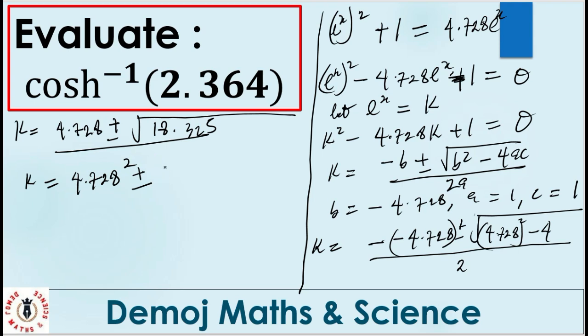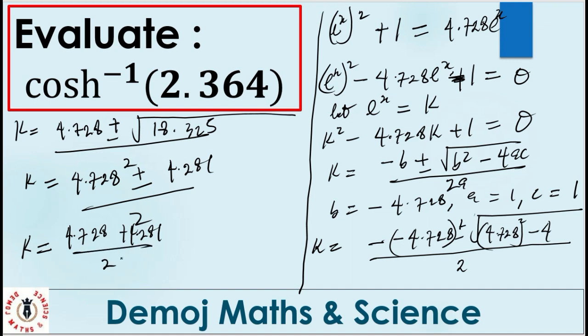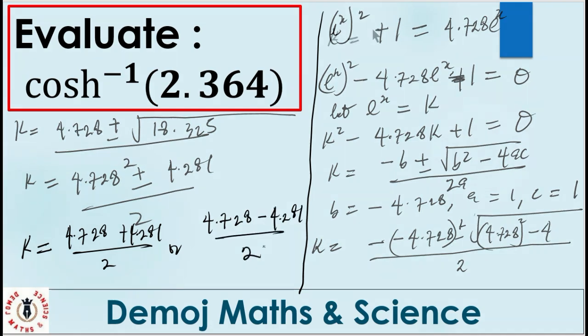That's the same thing as 4.281 over 2. So that k effectively is 4.728 plus 4.281 over 2, or 4.728 minus 4.281 over 2.